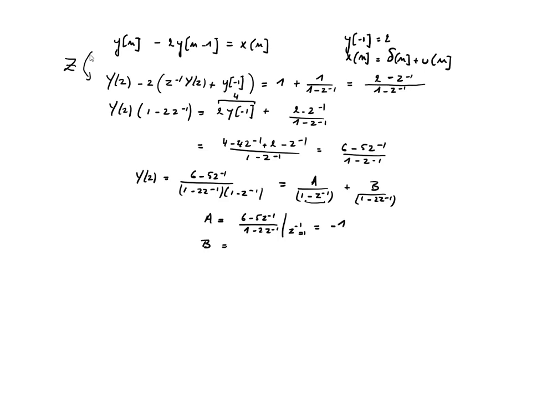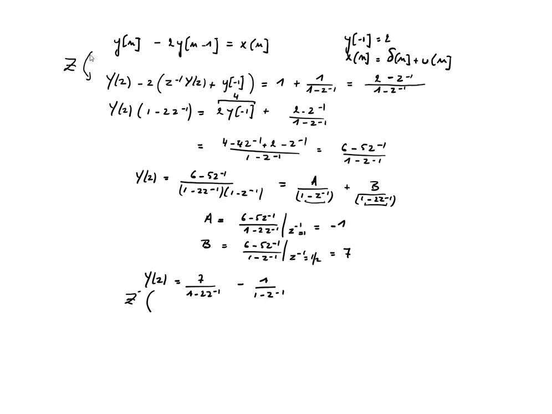And B will be again the numerator over 1 minus z^-1 evaluated at z^-1 equal to a half, the root of this denominator, so this will be 7. So Y(z) is 7 over 1 minus 2z^-1 minus 1 over 1 minus z^-1.